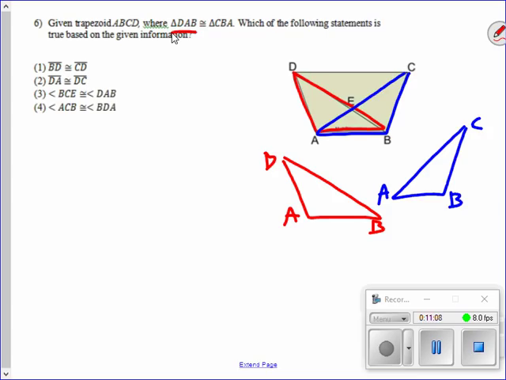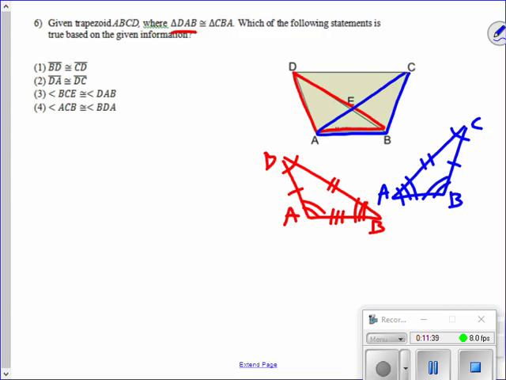Okay, but if I follow, D came first, C came first, A came second, B came second, B came third, A came third. Okay, so these are like a reflection of each other. At the same time, I'll know that these sides all have to be the same. So by knowing that, I can now decide which one of these has to be correct.